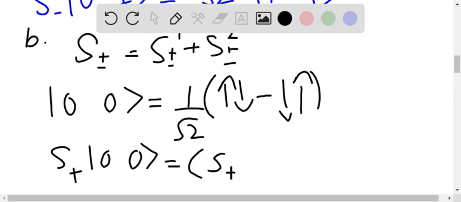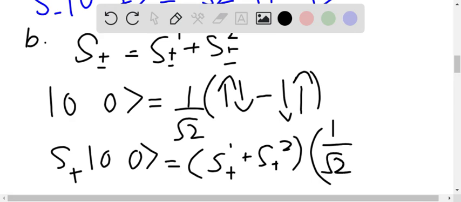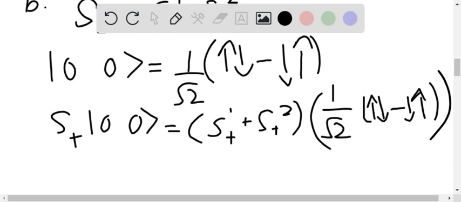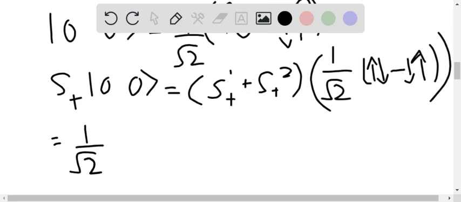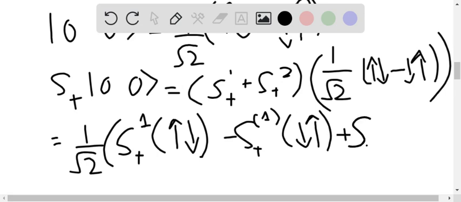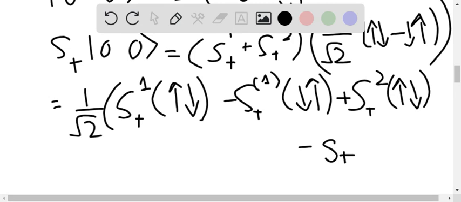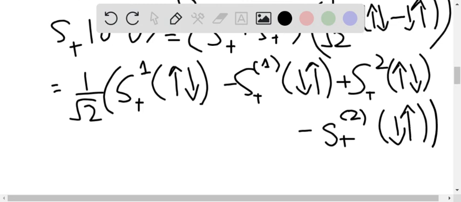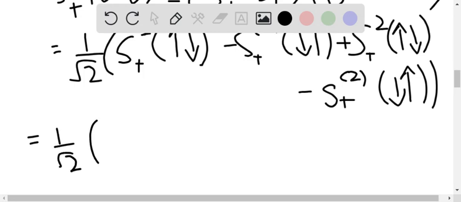We get 1 over under root 2 times S positive 1 and S positive 2 acting on the upward downward and downward upward terms.